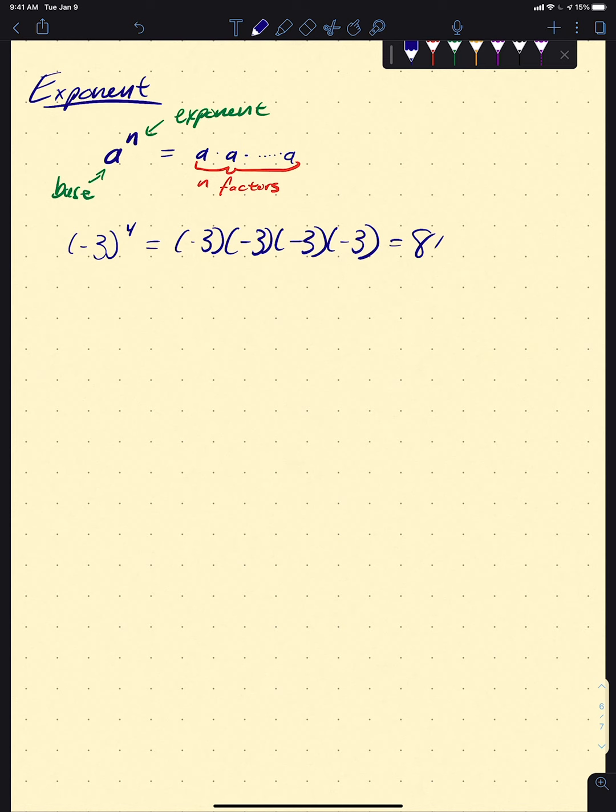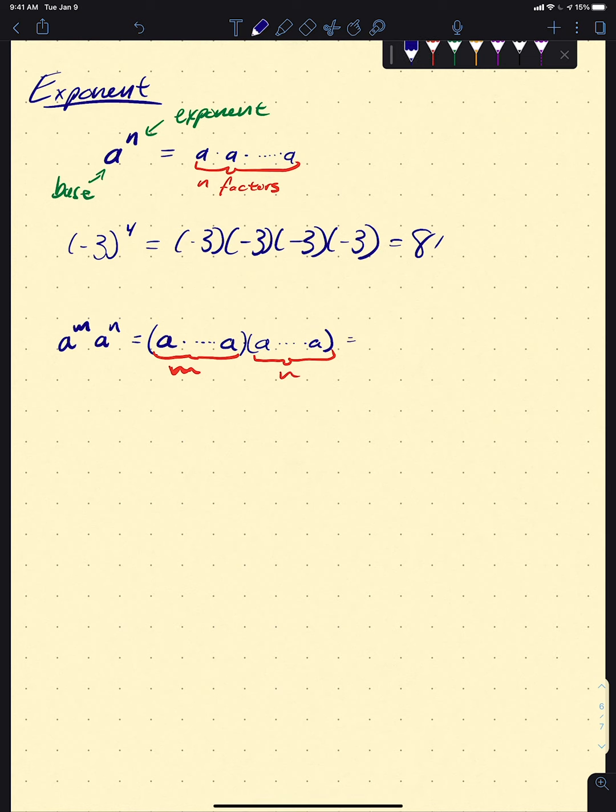What happens when we say a to the m, a to the n? When we multiply these together, we get a times itself m times, and then we get a times itself n times, where we'll denote that there are m of these for the first one, and there are n of these.